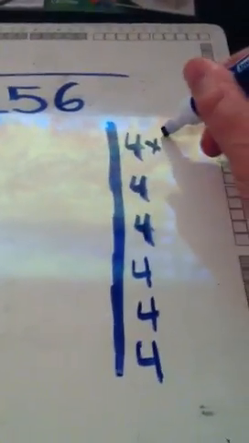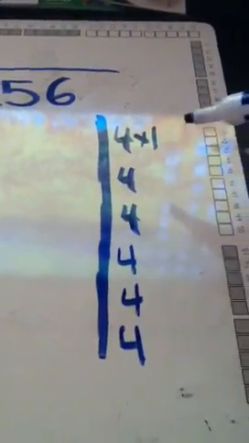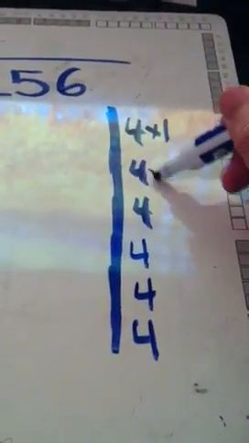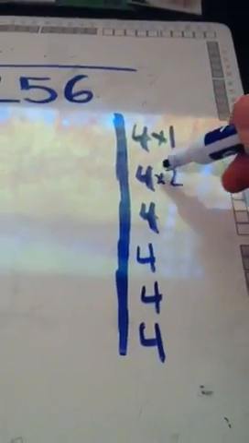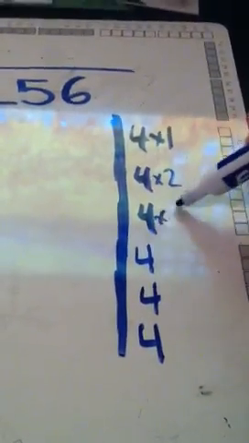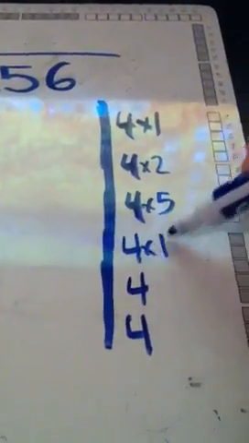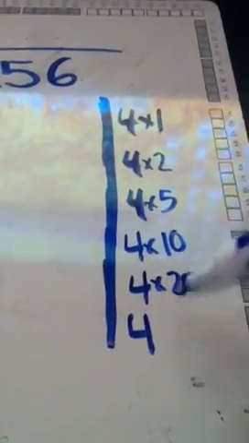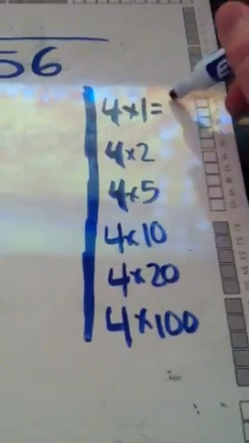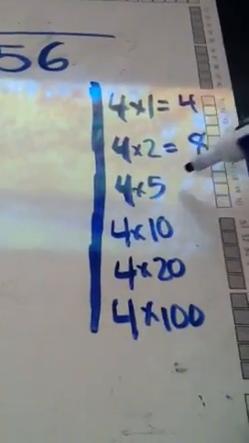Next to it, you're going to make them into 6 different multiplication problems. So you're going 4 times 1, 4 times 2, 4 times 5, 4 times 10, 4 times 20, and 4 times 100. You're going to quickly work these out, and they should all be really easy.